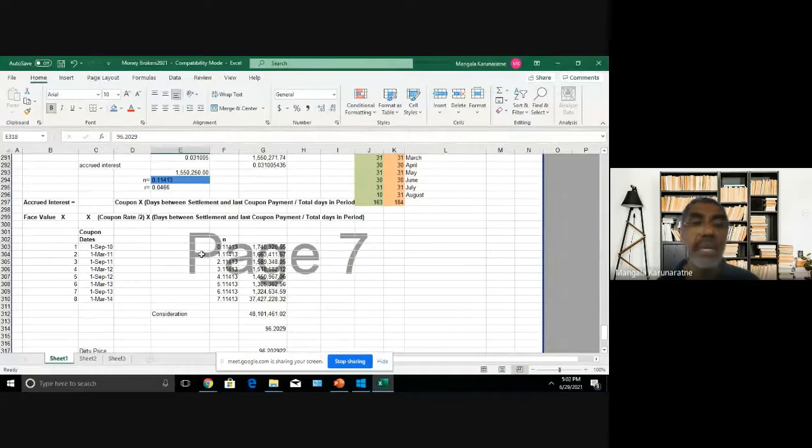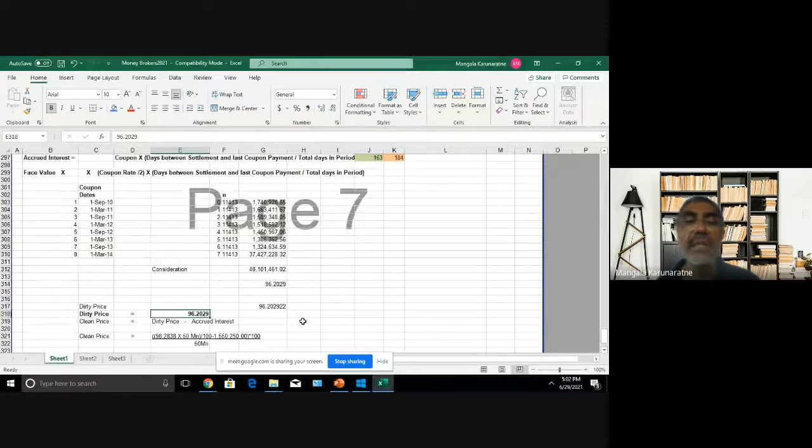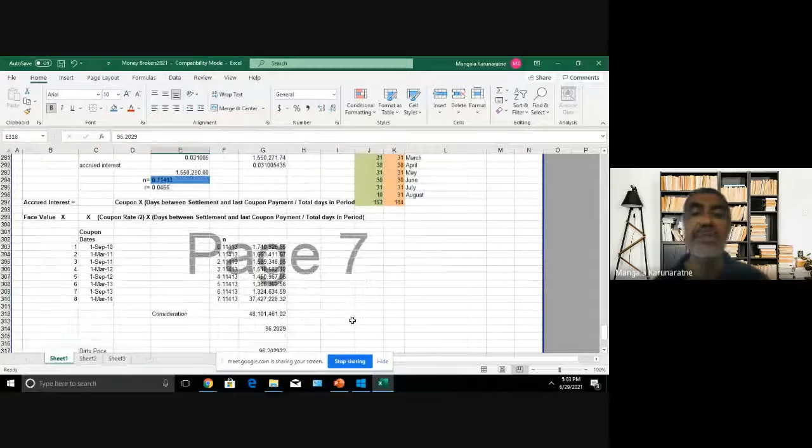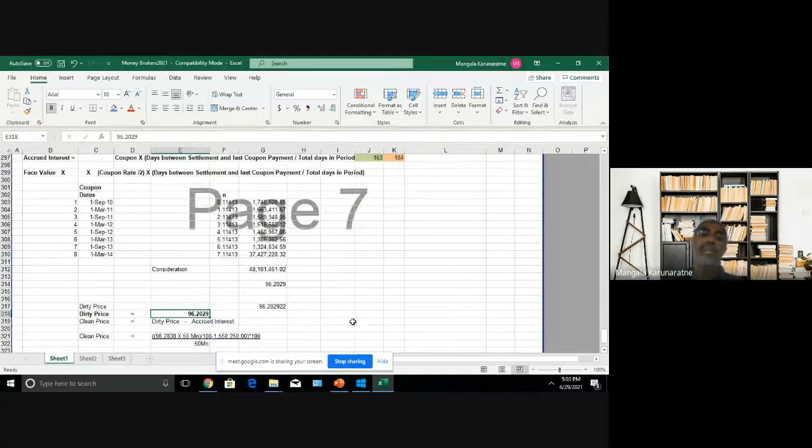If you can arrive at the dirty price and the clean price, then we are through. I will mail it to you, or put it on the IBSL, then they will do the needful.